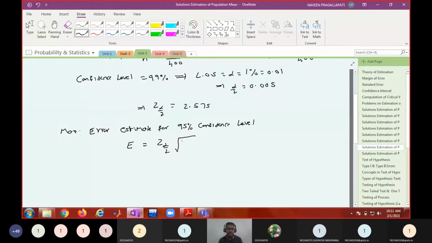So this is 2.575 into root of 126 by 400 into 274 by 400 divided by 400. Please compute this.